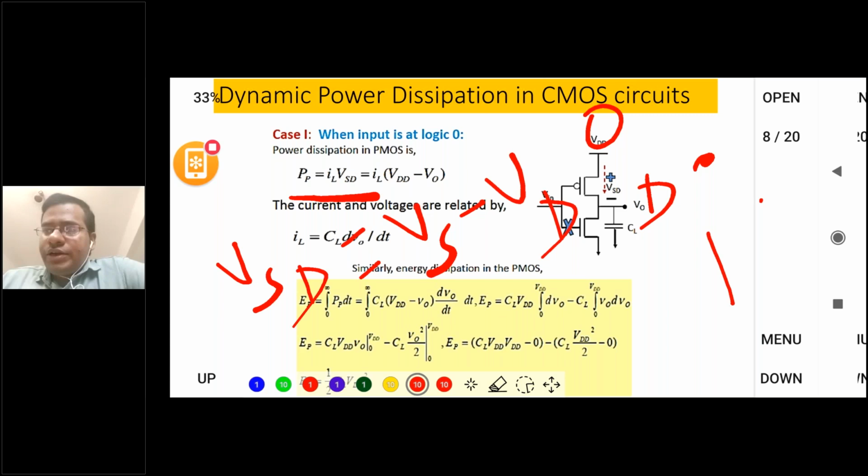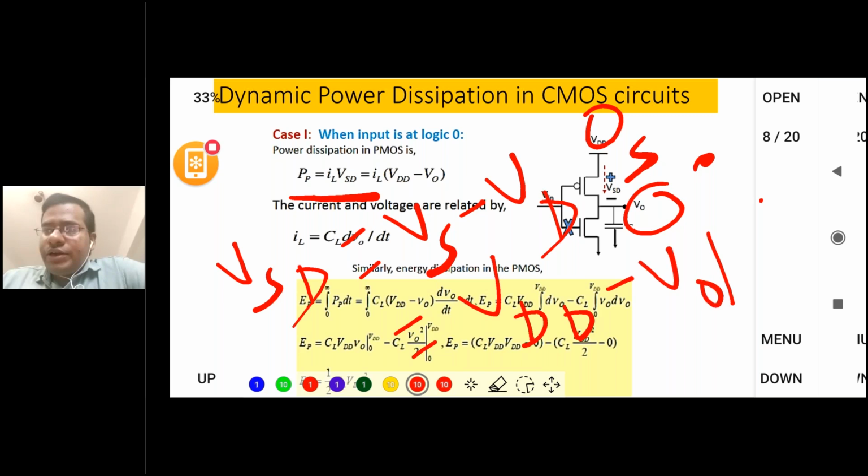What is VS? VS is the source voltage. This is the source, and the source voltage is VDD. The drain potential is V0, so you put VD as V0.